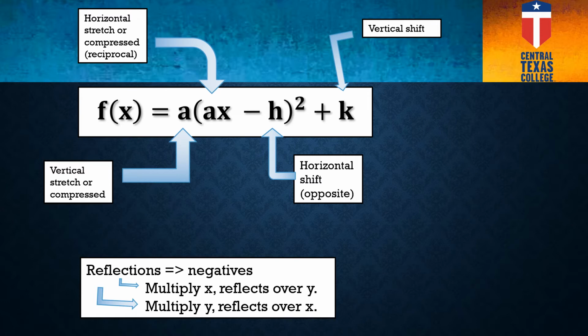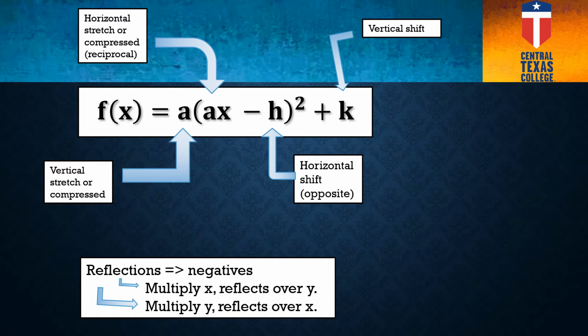But if you're adding h, it's going to be a horizontal shift to the left. Now for k, it's better known as a vertical shift. If you're adding k, it will be a vertical shift up. That one doesn't change. If you're subtracting k, it's going to be a vertical shift down.